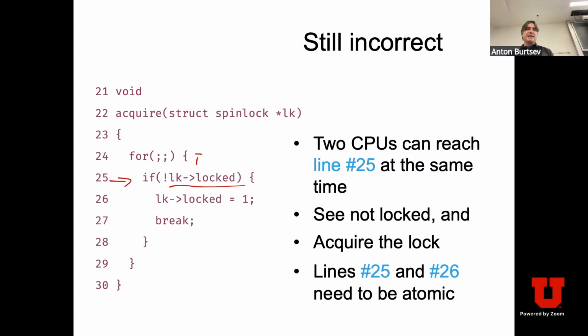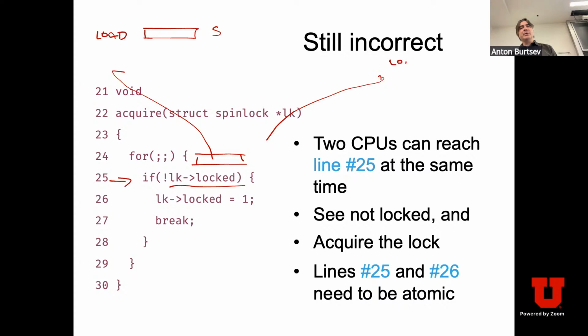The cache line which contains this locked variable is loaded on one CPU, so it will be in a shared state here. It's a load on another CPU, and the cache line will be in a shared state there too. The cache line will contain 0 here and 0 here. Both of them will see that it's not locked, and both of them will try to acquire the lock, essentially entering line 26.